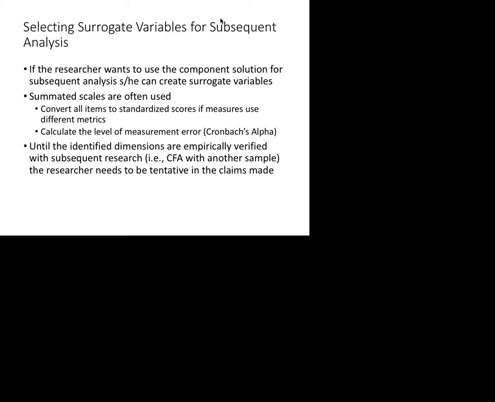That is a reasonable way to do it. Some people may not create averages. They might decide to just do a sum scale, so instead of dividing by n, they would just sum the items, and they prefer to work that way. In my experience, it makes little, if any, difference.